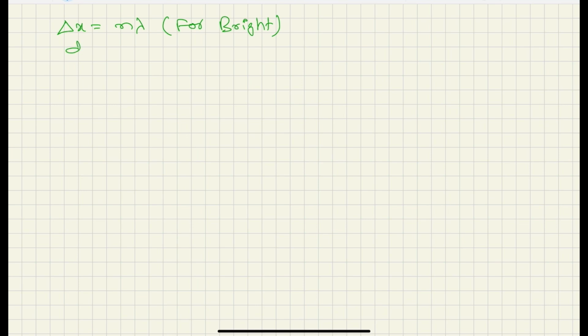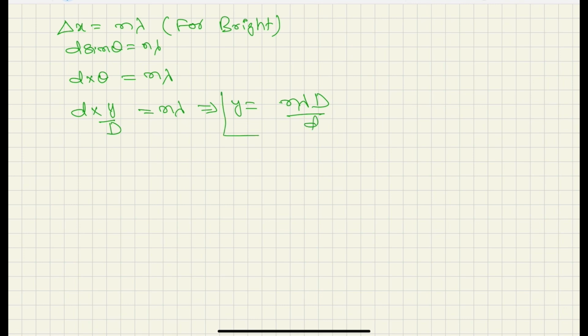Delta x means d sine theta is equal to n lambda, and d sine theta means d theta is equal to n lambda. So d into y by D is equal to n lambda. So y is equal to n lambda D by d is the relation for the nth bright fringe.